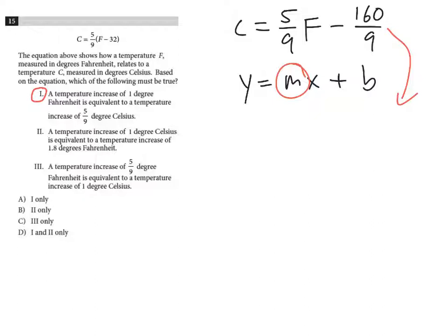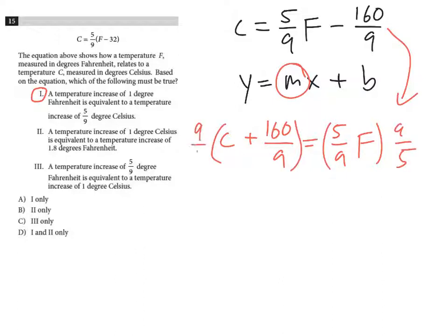So all we need to do is solve for F. I'm going to add 160 over 9 to both sides. Then I need to multiply by the reciprocal to get rid of this 5/9, so I'm going to multiply everything by 9/5.